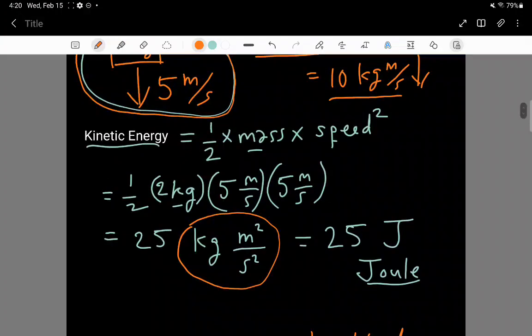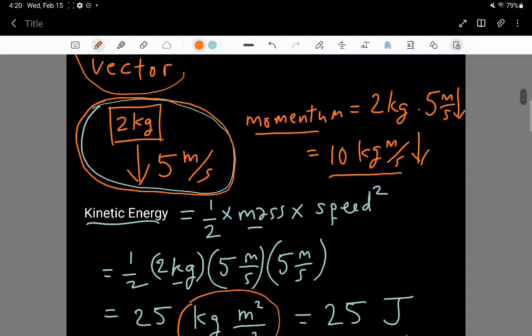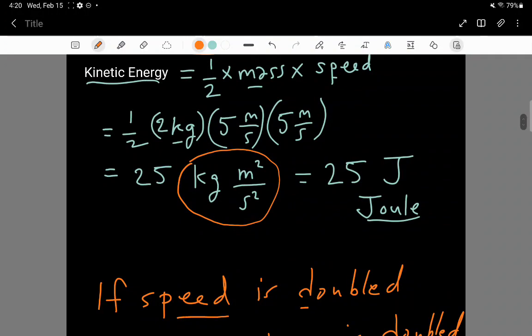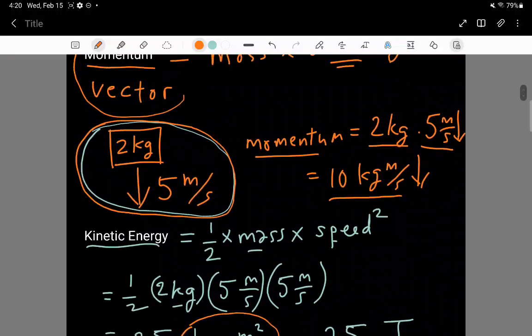And the way that you see that is instead of 2 kilograms times 5 meters per second giving 10 kilograms meters per second, if the speed gets doubled, then the speed is not 5 meters per second, it's 10 meters per second.